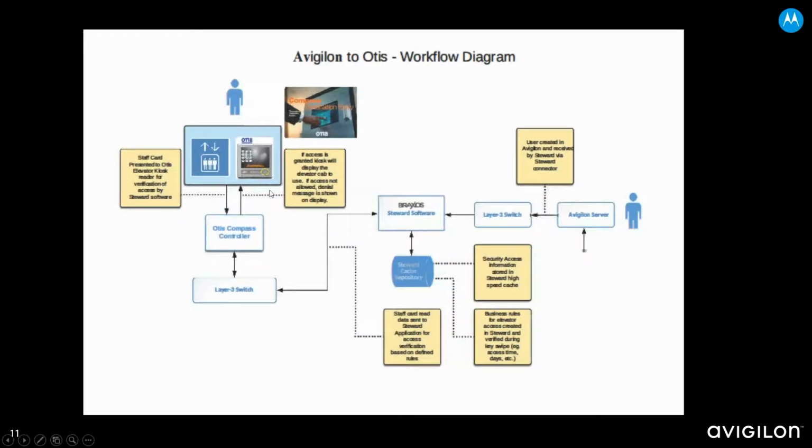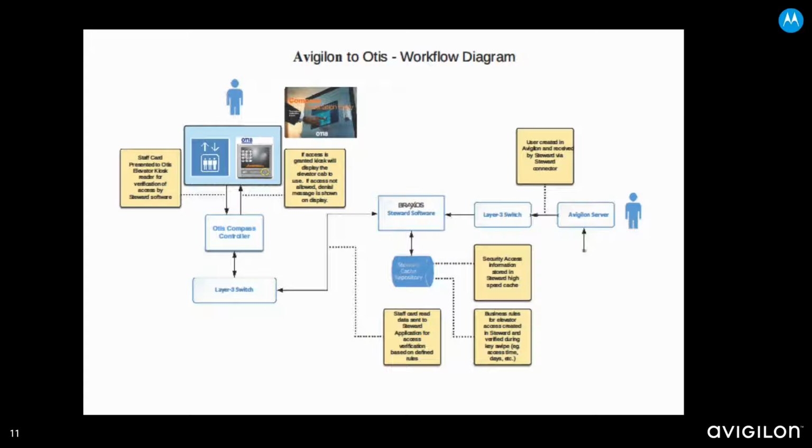Okay, and this is just a workflow diagram, kind of really hard to read. My apologies. I probably won't jump into a whole lot of this on the call, but you can download the presentation later if you want to look at this in detail. This specific example actually has the card reader integrated in the elevator, and that card read function would be presented from the elevator system versus our access control system.